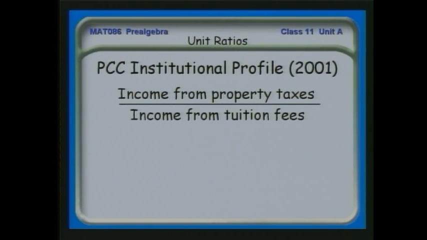Here are some other things that we can look at, and this information comes from the Pima Community College Institutional Profile for 2001. I was just looking these things up. For example, what's the ratio of the income the college receives from property taxes to the income from tuition fees?